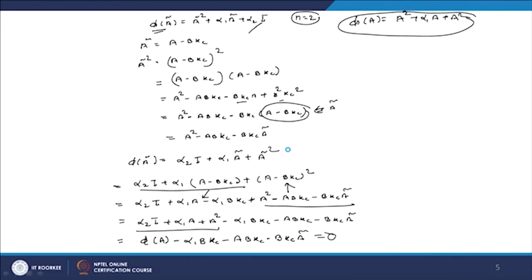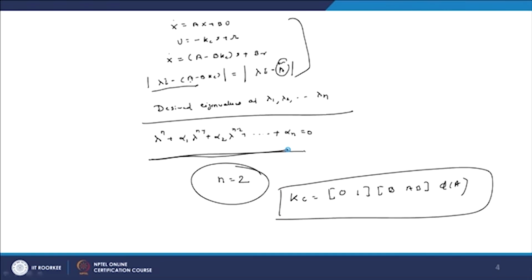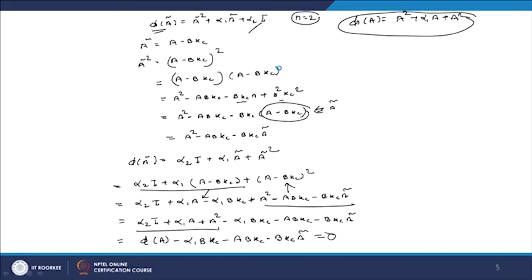Then our system has changed to A minus B Kc, written as A bar. For simplicity we have taken n equal to 2, and then we have solved this equation and got lambda squared plus alpha 1 lambda plus alpha 2, and then this has been written in terms of phi of A.